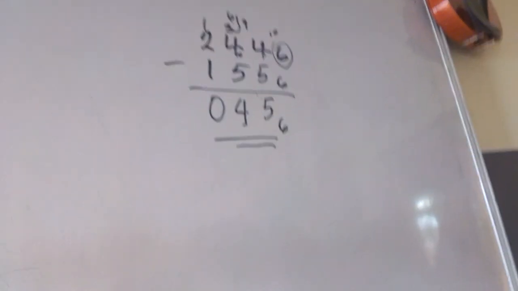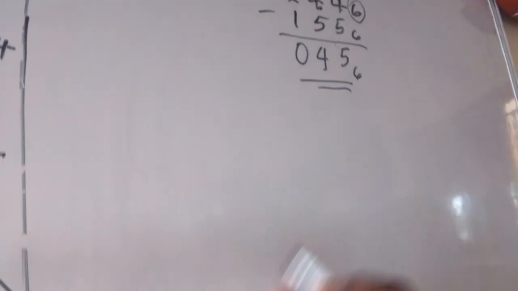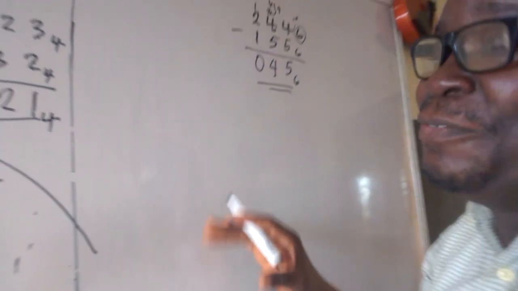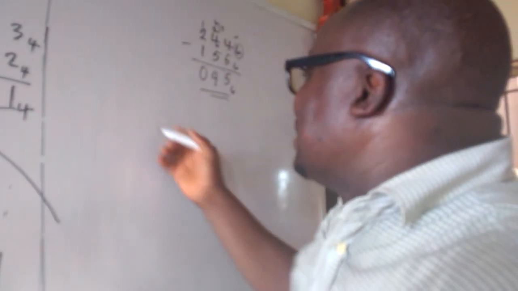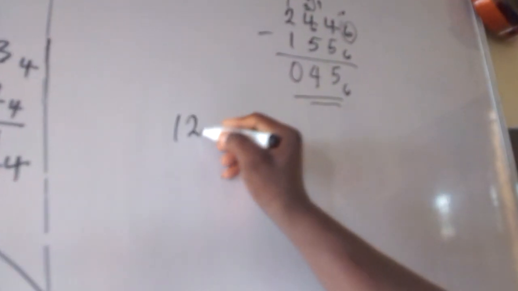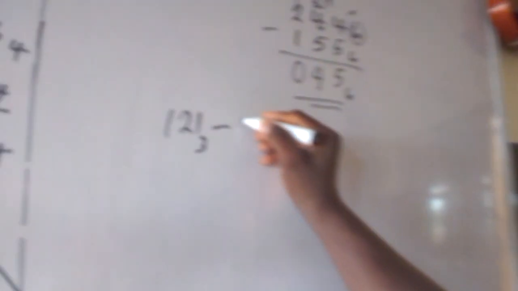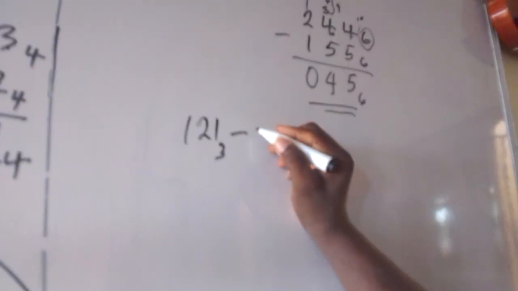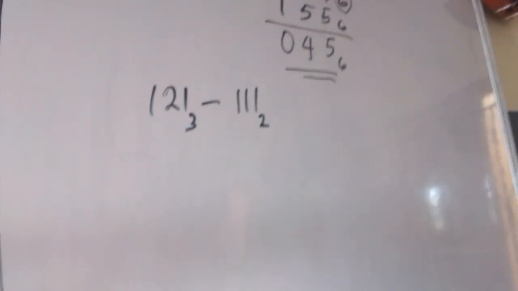Now, let's also look at another one. Okay? JAMB can choose to ask you anything. They can give you different bases and tell you to add or subtract. So what is the shortcut? For instance, if you were given something like 121 base 3 subtracted from 111 base 2.